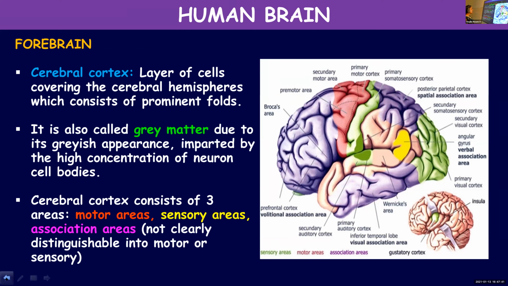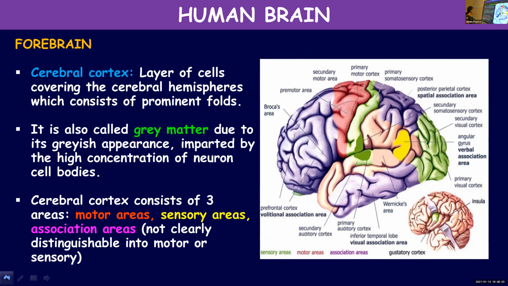As you can see in the figure, different areas are demarcated. There are motor areas, sensory areas, association areas, and each area is concerned with a specific function. Association areas are those which are not clearly demarcated into motor or sensory areas.